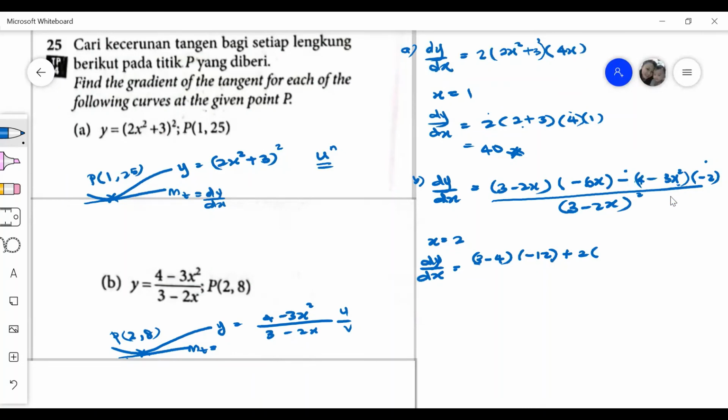So 4 minus 12, we have negative 8 here, over 3 minus 2 times 2, which is 4, so negative 1 raised to the power of 2. Over here, this is negative 1. So negative 1 times negative 12, we got 12, and then minus 16 over 1. So the answer is negative 4.